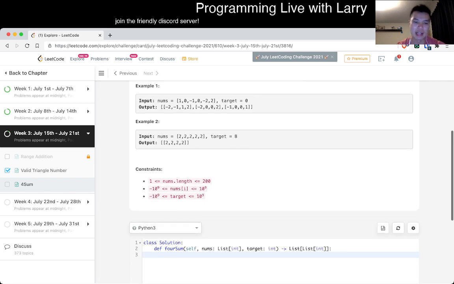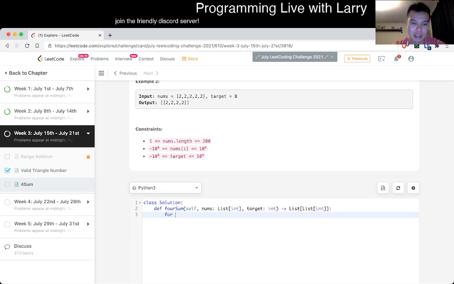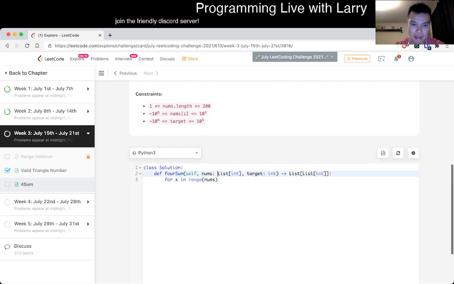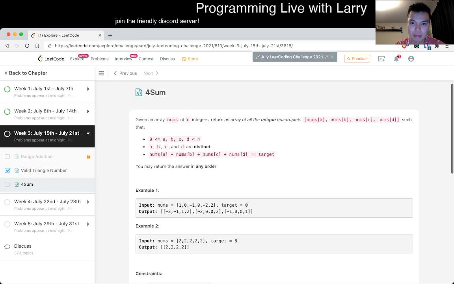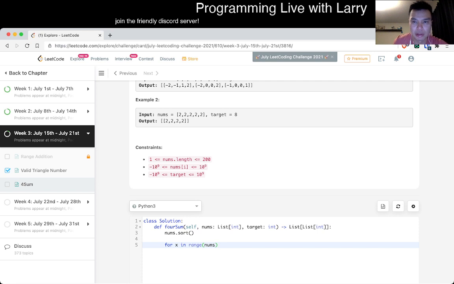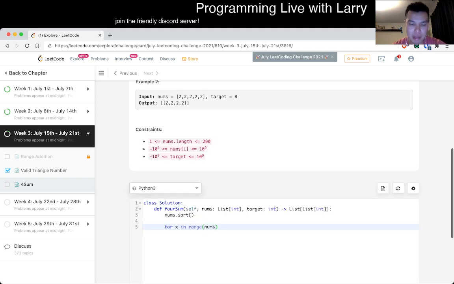Yeah, because basically the idea here is that, okay, so let's say you have some... Let me think about this for a second, man. Let's always sort our input, just because it'll be straightforward to do so, and the cost is not that bad.